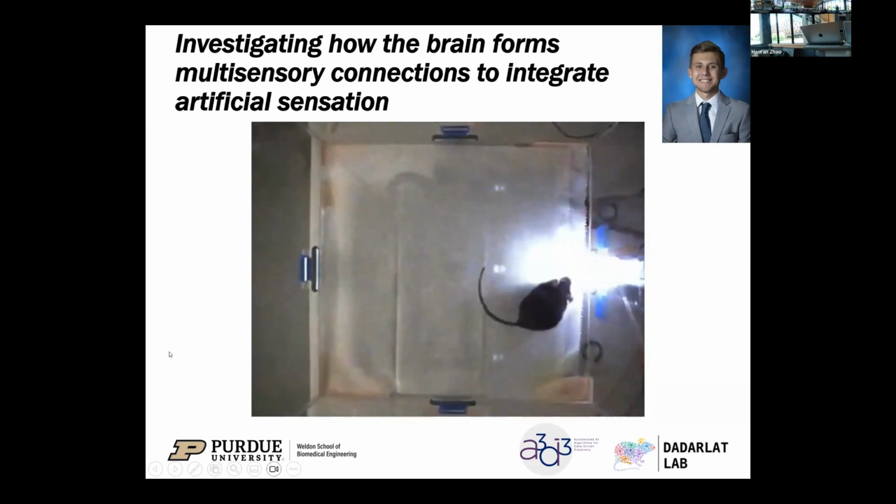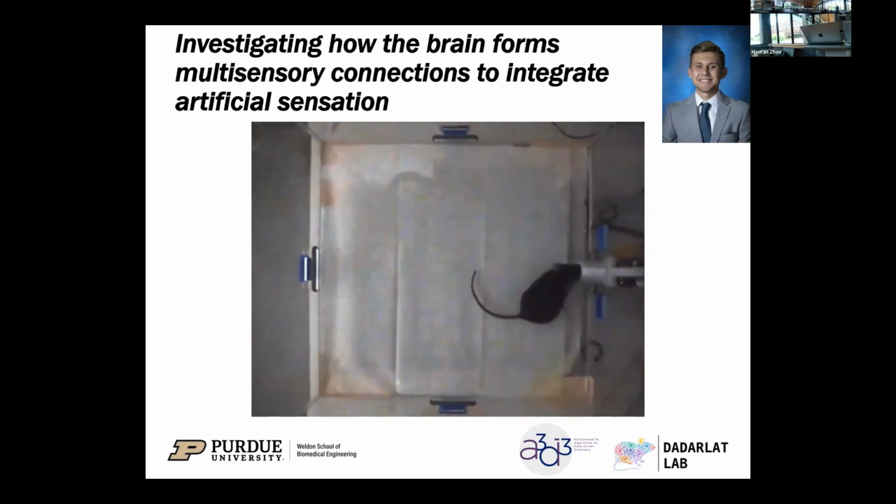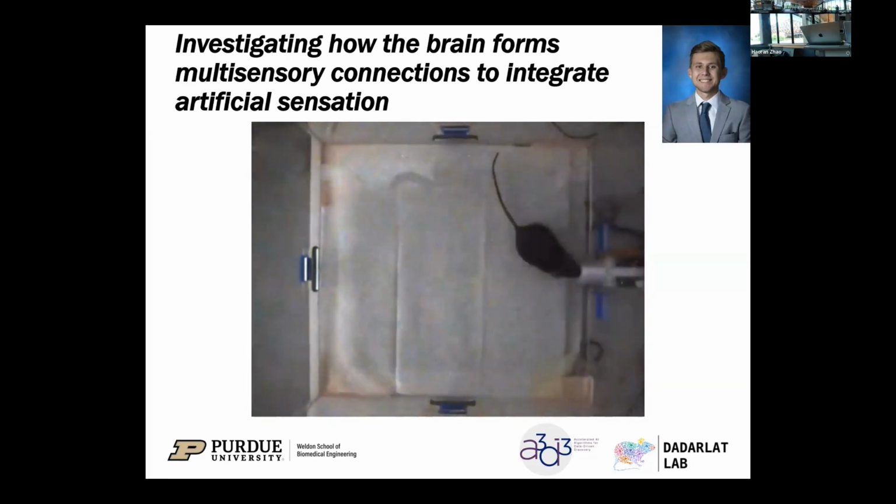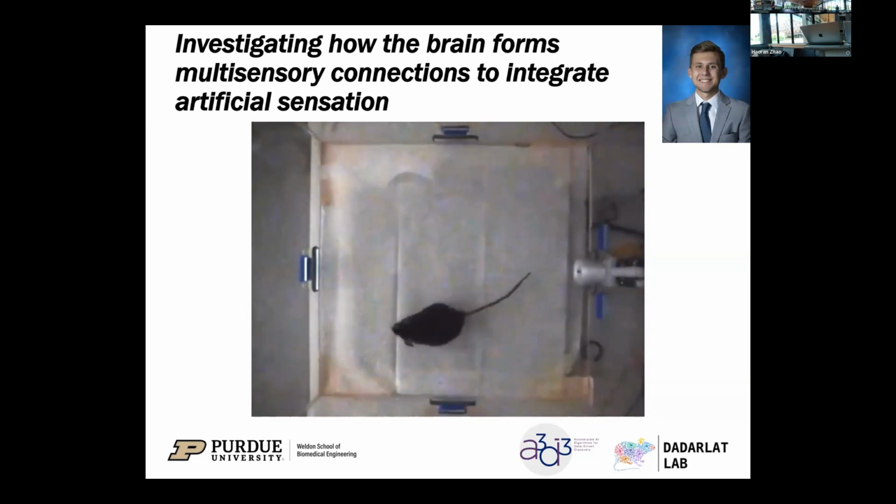So what he's doing is placing mice in a behavioral cage, and he's giving them either a visual stimulus or an auditory stimulus. So here you can see the visual stimulus is an LED on the ground. And so he's training these mice to locate the visual stimulus and go to it. And once they do that, they go to a reward port where they get a juice reward. They get strawberry Nesquik.